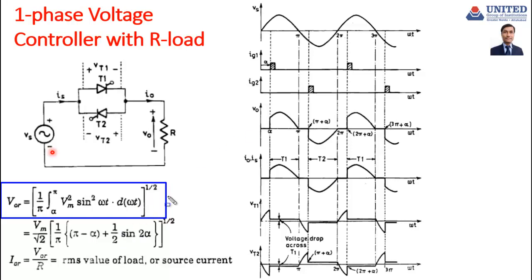By solving this, we finally get Vm by root 2 times the square root of 1 upon pi times pi minus alpha plus half of sin 2 alpha. And the RMS value of output current for resistive load will be equal to the RMS value of output voltage divided by resistance R.